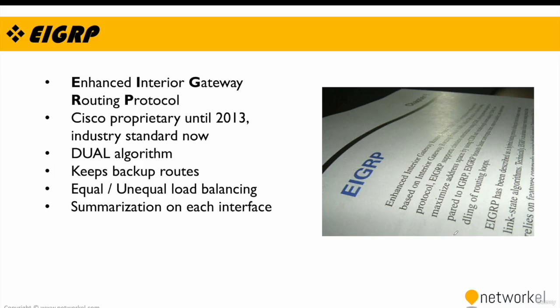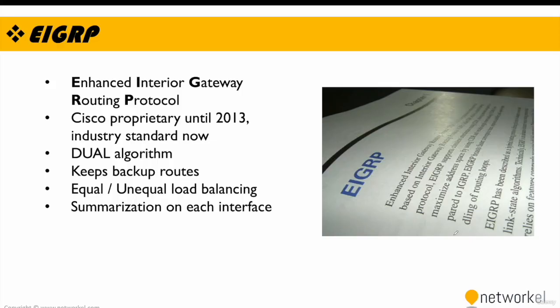EIGRP is an interior gateway protocol suited for many different topologies and media. In a well-designed network, EIGRP scales well and provides extremely quick convergence times with minimal network traffic.